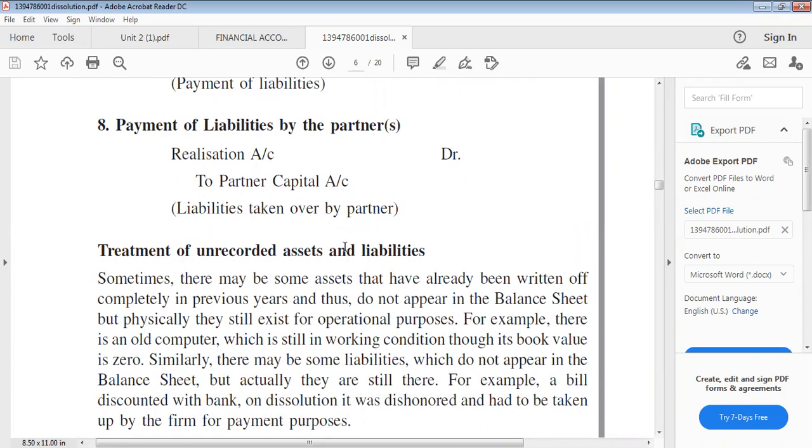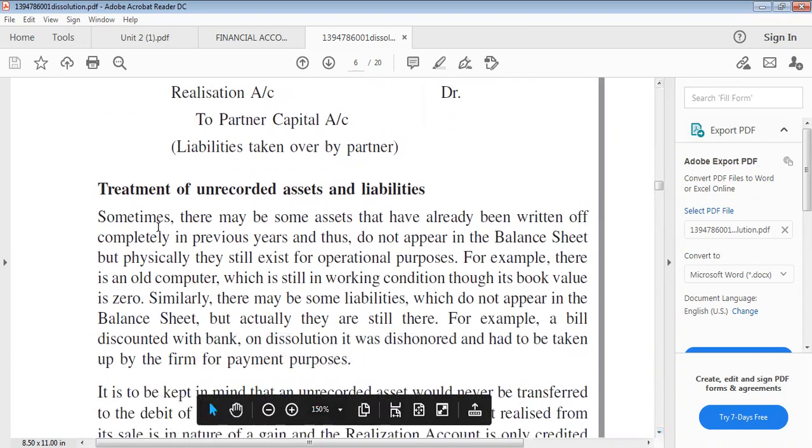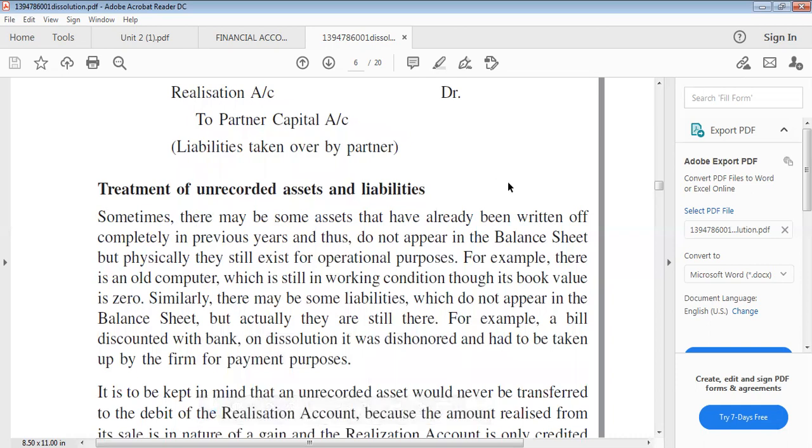Treatment of unrecorded assets and liabilities. Sometimes there may be some assets that have already been written off completely in previous years and thus do not appear in the balance sheet, but physically they still exist for operational purposes.